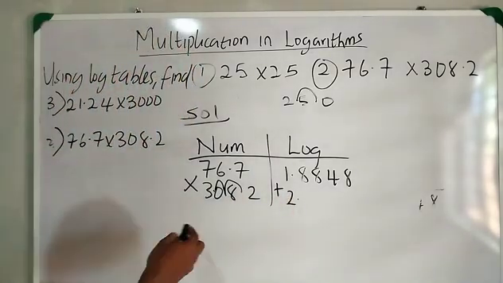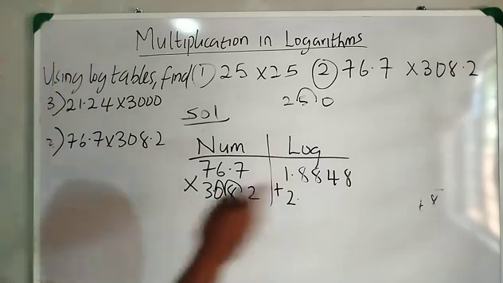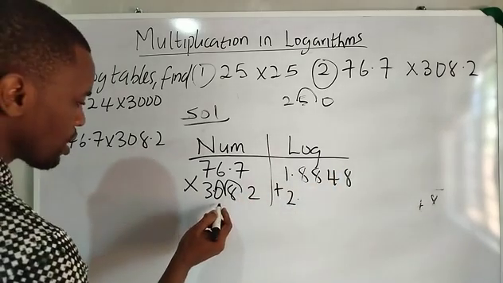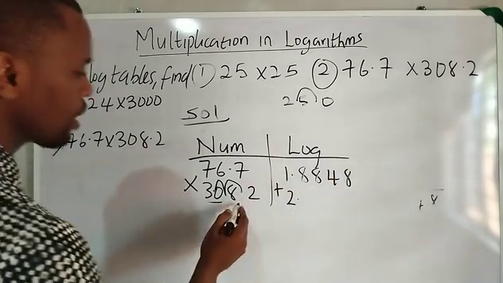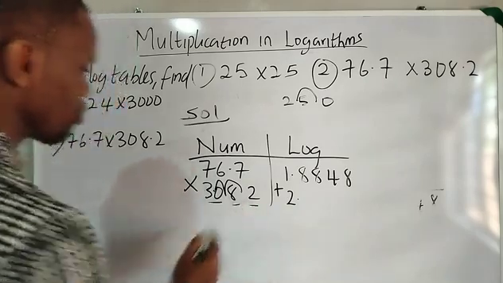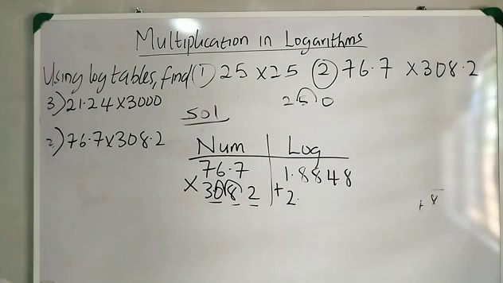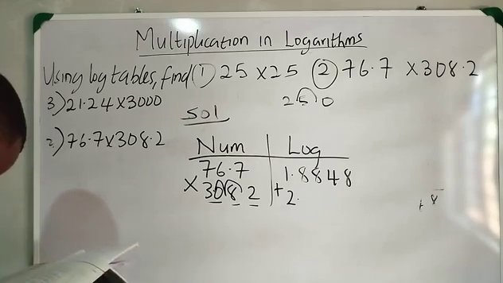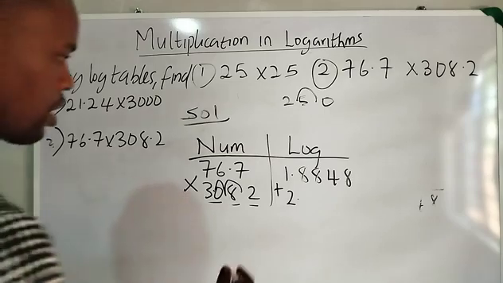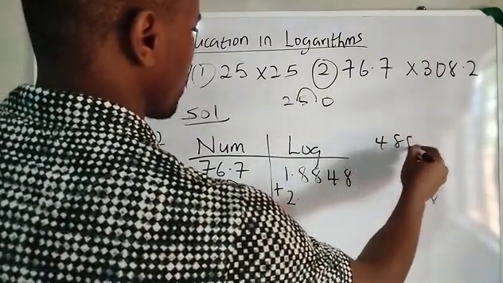And then now I can look for the logarithm of everything. Don't mind the decimal points anymore. I will call this what? 30 under 8 difference 2. Alright? So 30 under 8 difference 2 gives me, first of all, when you check your 30 under 8, if you are following me with your logarithm tables, 30 under 8 is going to give you 4886. Alright? You're going to have 4886.